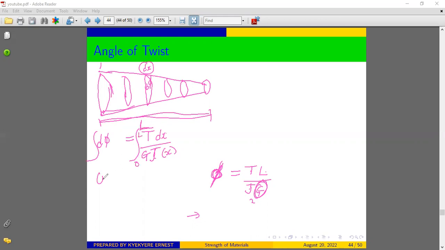So we are going to get the integral from 0 to L of T times dX over G times JO, which is the polar moment of inertia, times X.